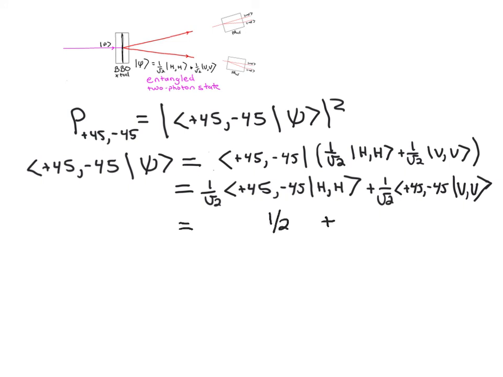It doesn't take much effort to evaluate the second one. If you proceed exactly as we did before, you'll find out that it is equal to minus 1/2. And plus 1/2 and minus 1/2, when you add them together, you get a 0.